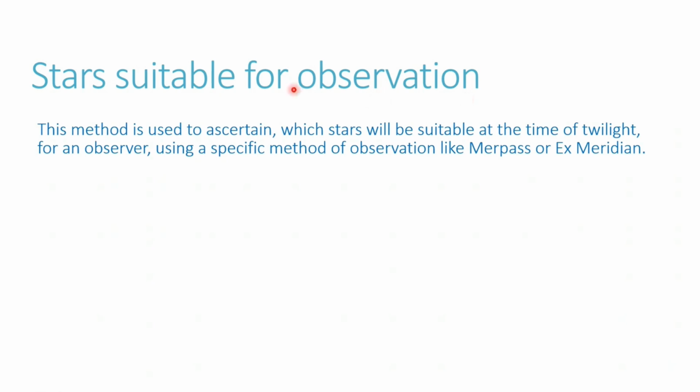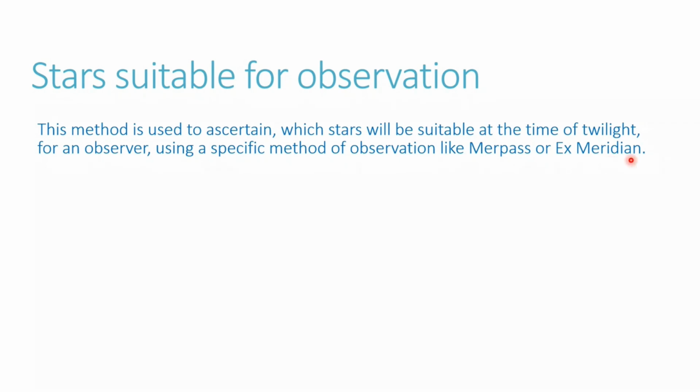Now, this particular method, stars suitable for observation, is used to ascertain or find out which stars will be suitable at the time of twilight for a particular observer if he wants to use a specific method of sight or a specific method of observation like meridian passage, Marpas, or latitude by meridian altitude, or ex-meridian.